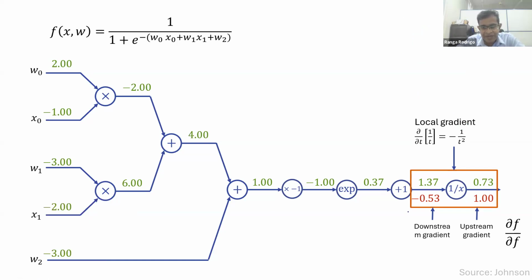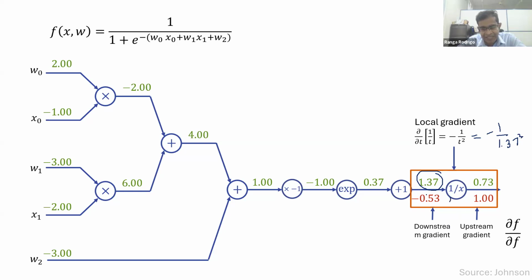Okay. So you can see with this one, we can find the downstream gradient because right now 1.37 is the value of x. So this local gradient will be minus 1 over 1.37 squared, right? That one you have to multiply with this one.